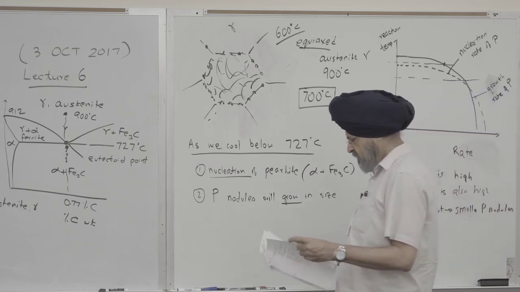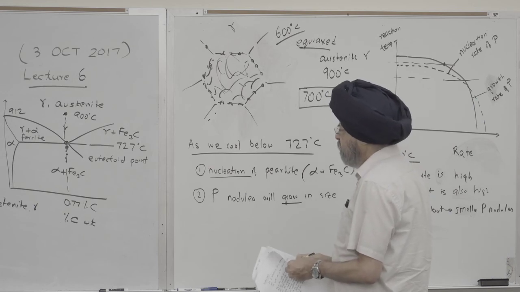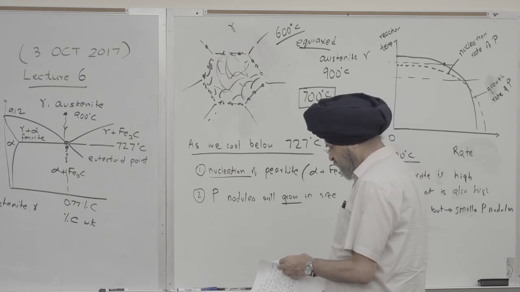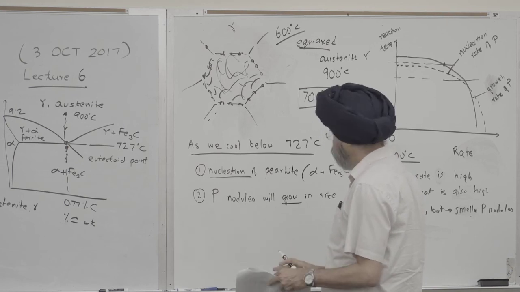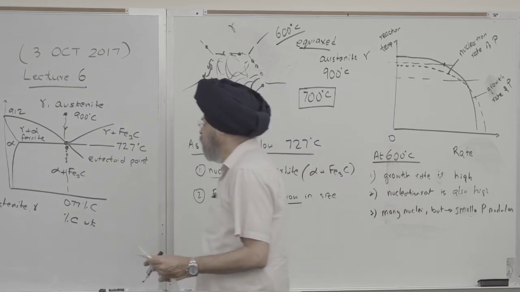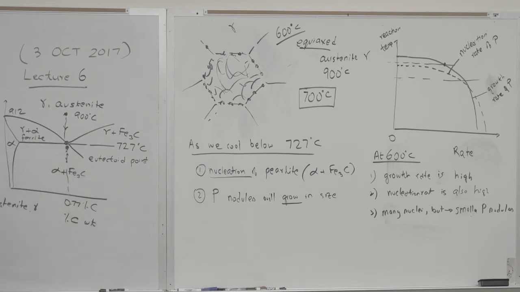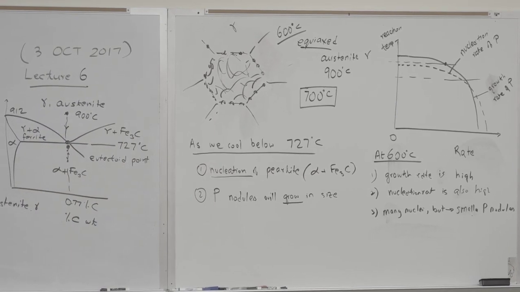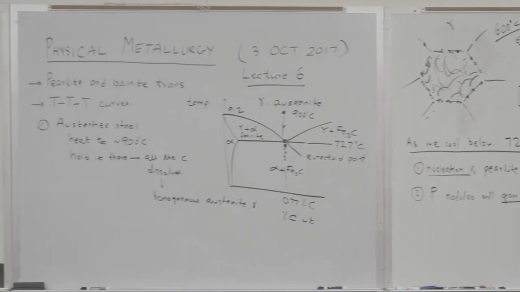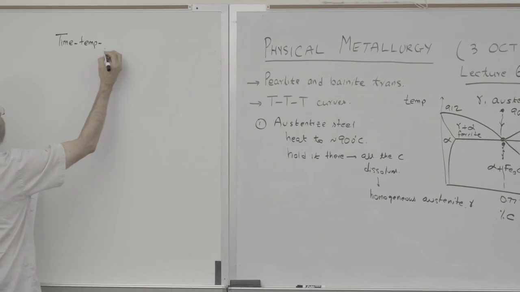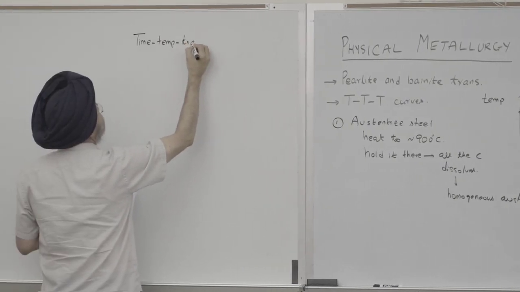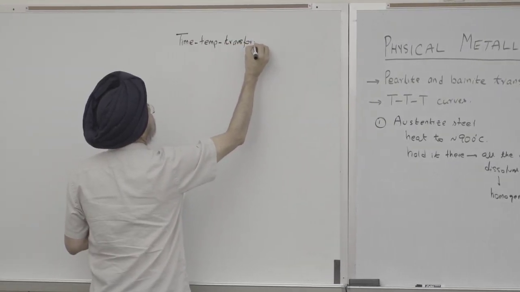So with that, let's go and look at the reaction of the steel. Basically we want to heat treat the steel. For that, we'll learn a new concept. It's called time temperature transformation curves.